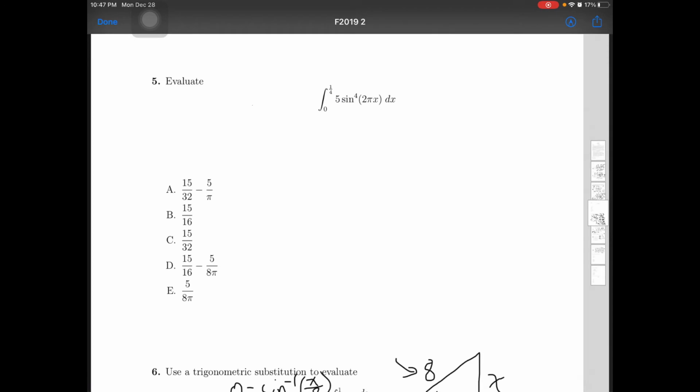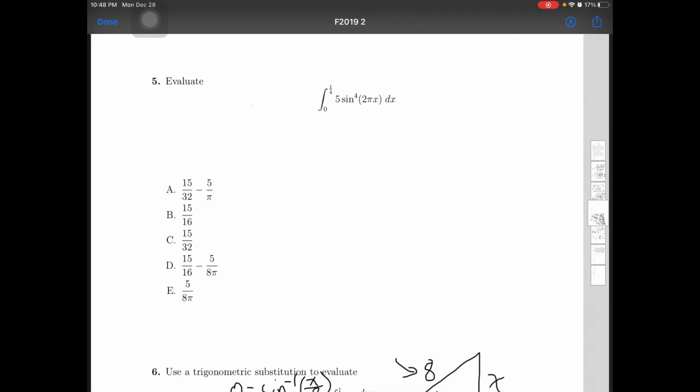So for number 5, we're asked to evaluate an integral of sine to the 4th. This is somewhat different than the usual trig integrals, since it's an even power of sine.